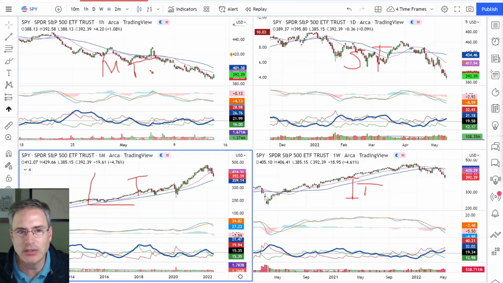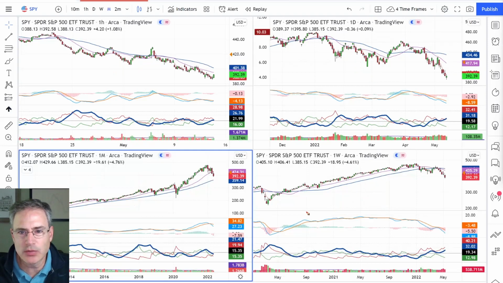The short-term trend can be both. It can be used as a trend time frame, and it can also be a trigger for the intermediate term time frame. And then finally, the intermediate term time frame can be a trigger for the monthly, and it can also act as the trend for a trigger on the daily.